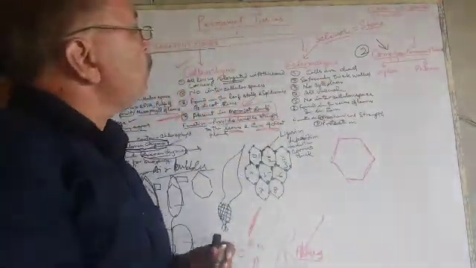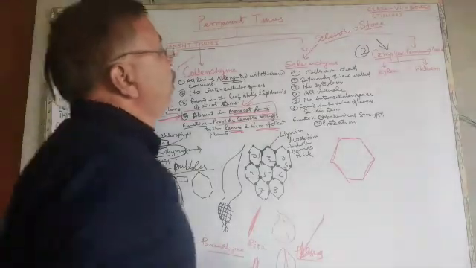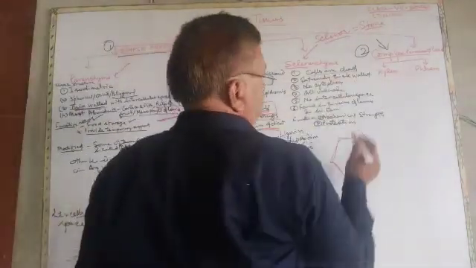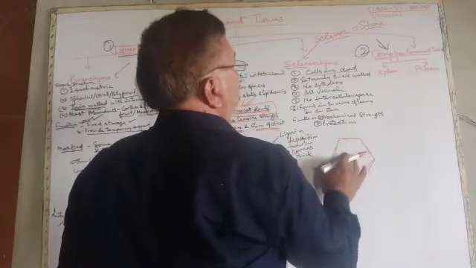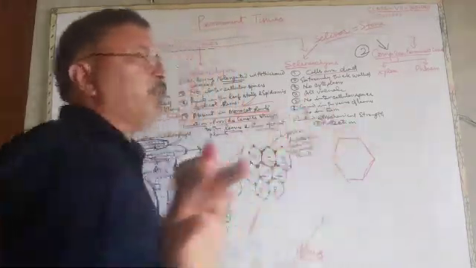Clear? So what features do we see? The cells are dead, meaning inside the cell there is no nucleus, no cytoplasm, no organelles, and no vital functions.